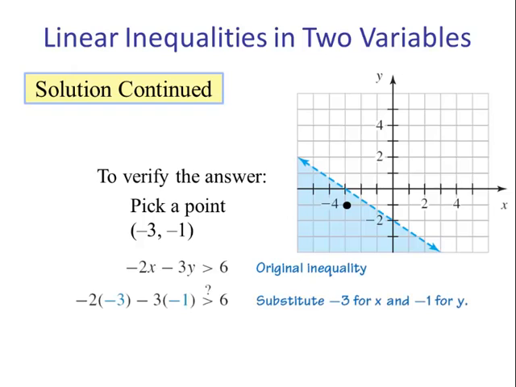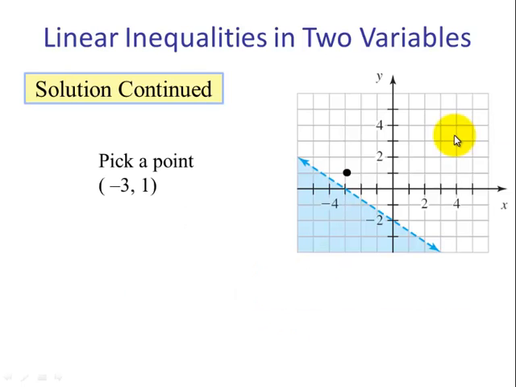So we have negative 2 times negative 3 minus 3 times negative 1. Is that greater than 6? Well, now we multiply and multiply, then subtract. So we're left with 9 is greater than 6. Now that's a true statement. So that means that that point, negative 3, negative 1, is a solution to that inequality.